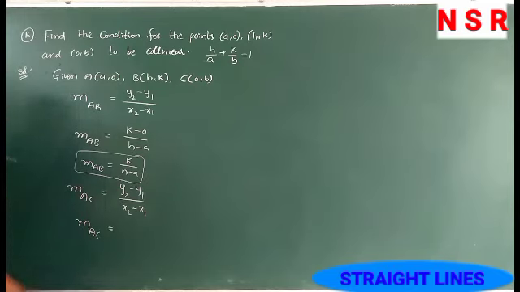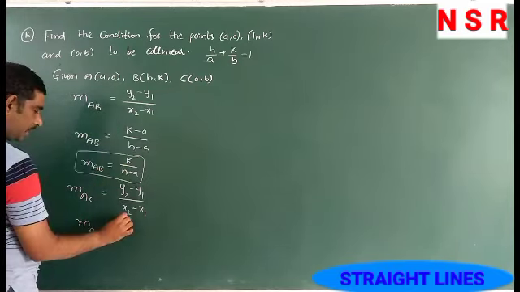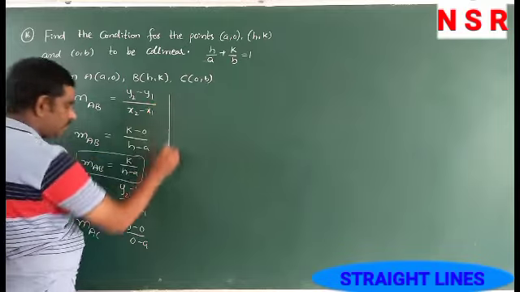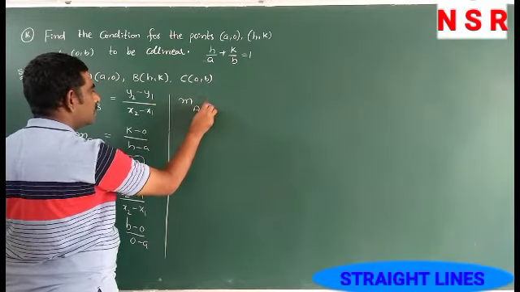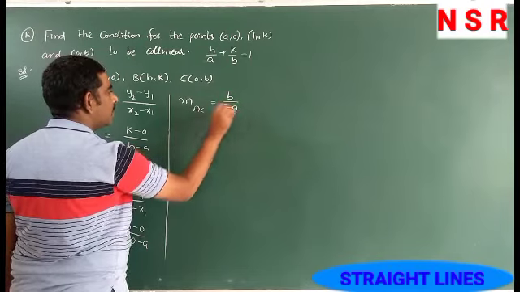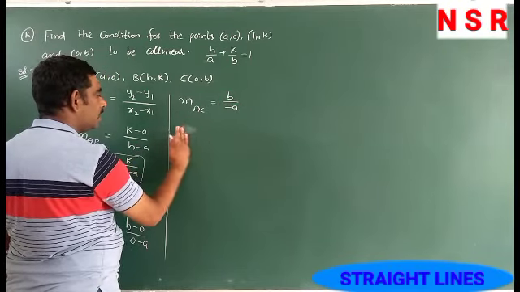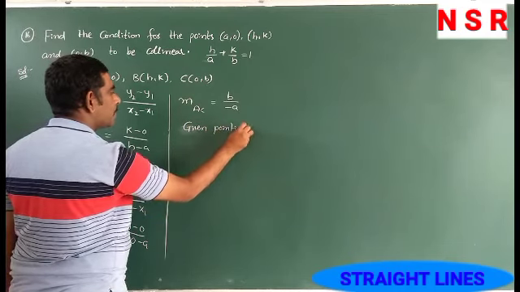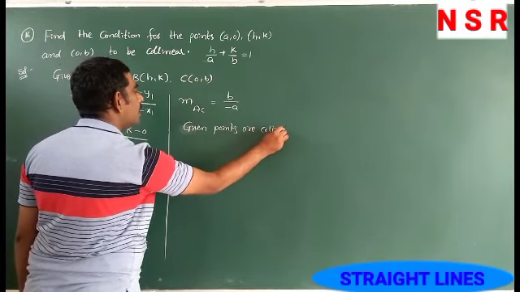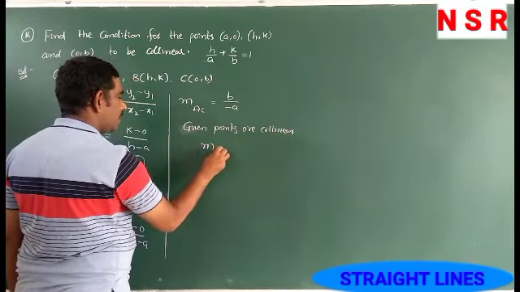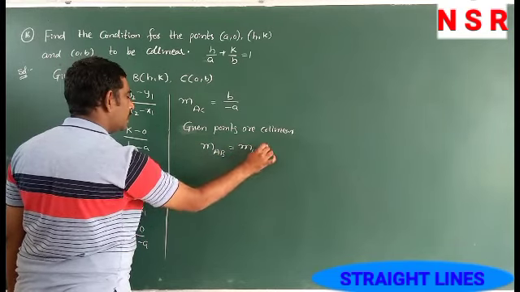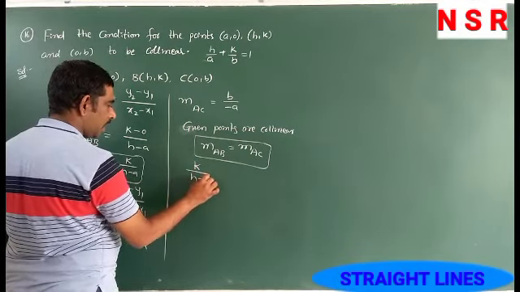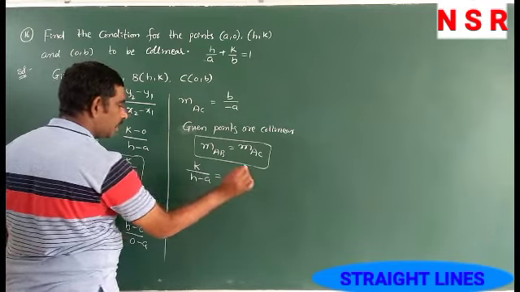Slope of AC = (b - 0)/(0 - a) = b/(-a). The given points are collinear, so slope of AB equals slope of AC. That is, k/(h - a) = b/(-a).